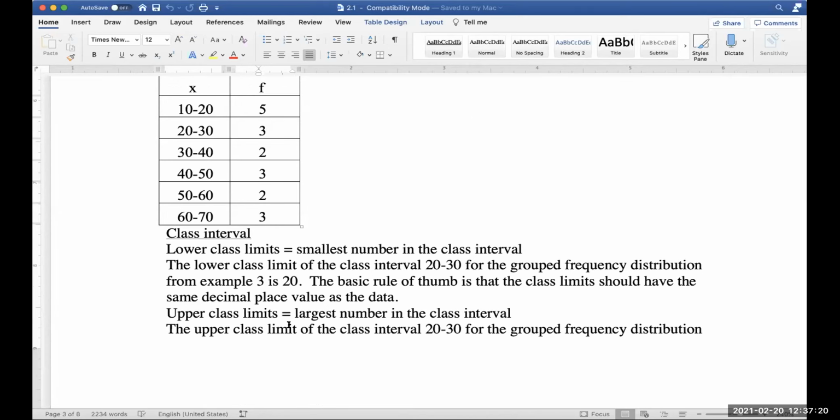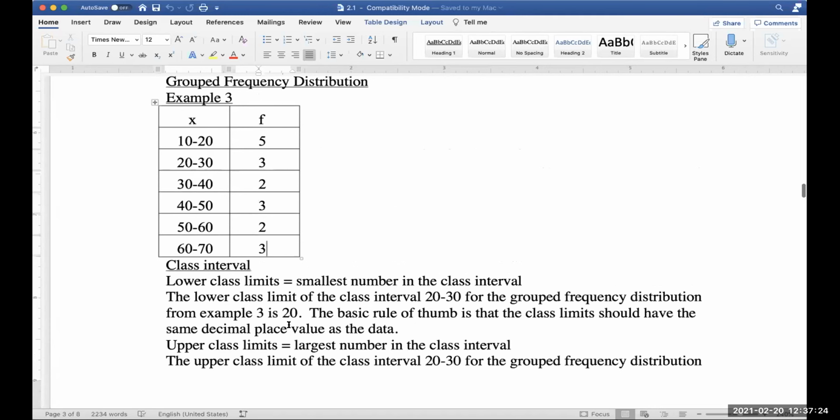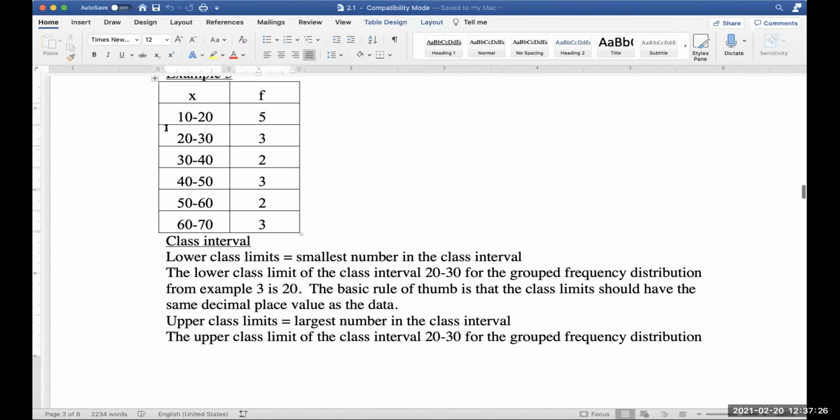So let me look at this a little bit more closely. The lower class limit is the smallest number in the class interval. So if the class interval is, let's say, 20 to 30, then the lower class limit is 20.